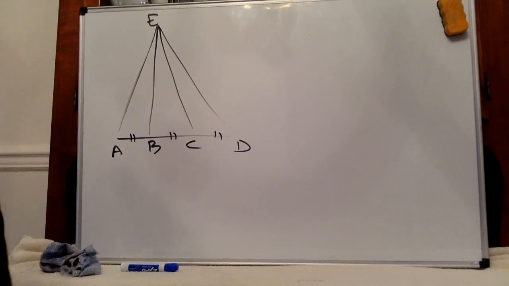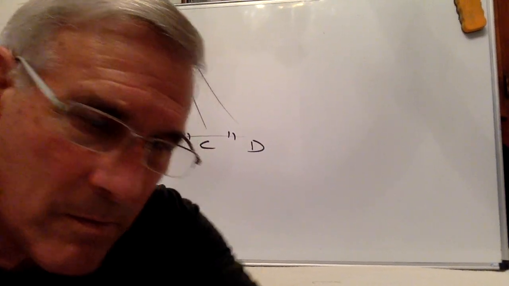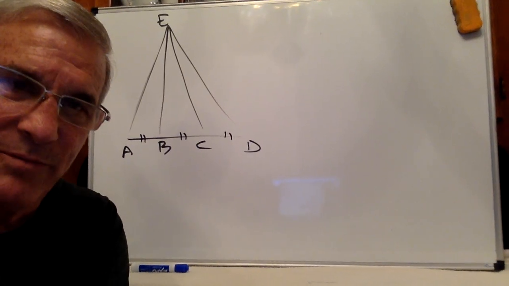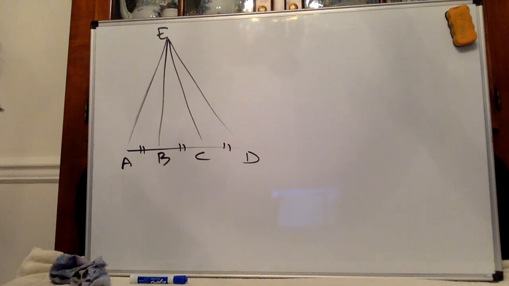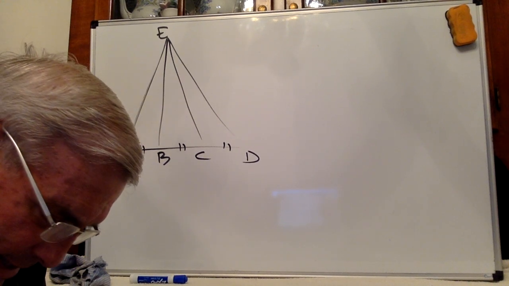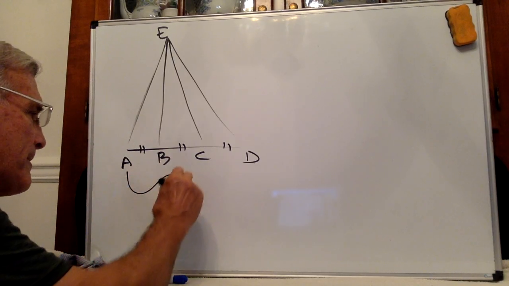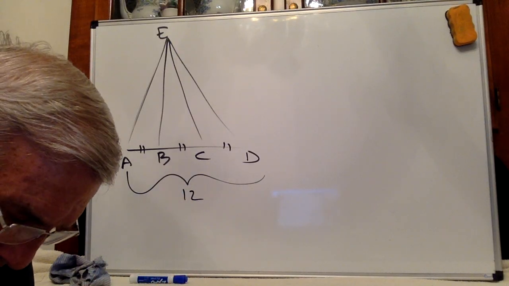Sorry, my computer blacked out there for a second. All righty, AB, BC, and CD are all congruent. They said that AD, the whole segment, is 12.